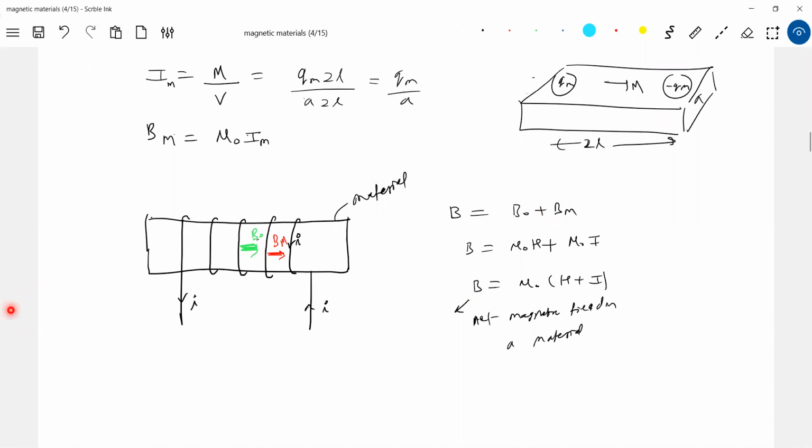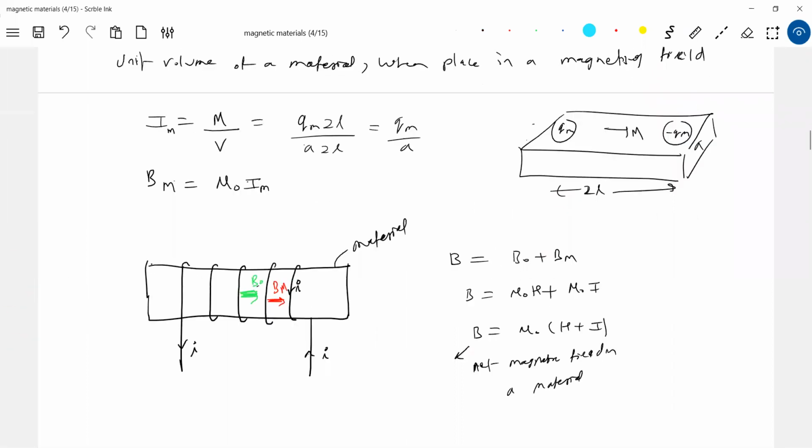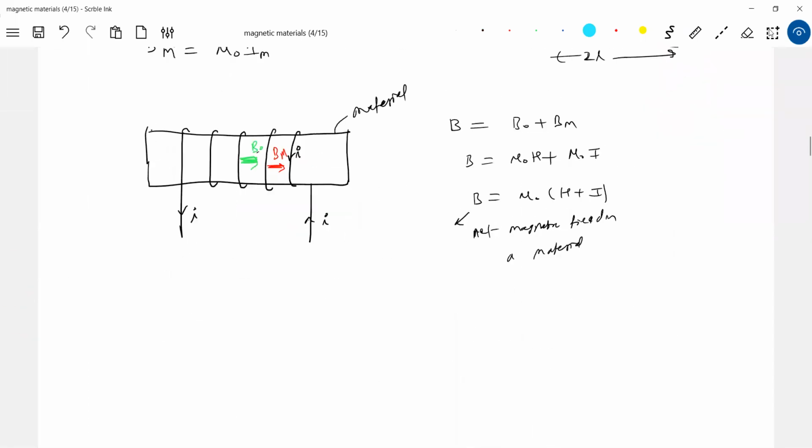Okay, now after this, so I got something different. Next I'll go for magnetic permeability, the fifth one. What is magnetic permeability? The name itself says permeability: it permits.